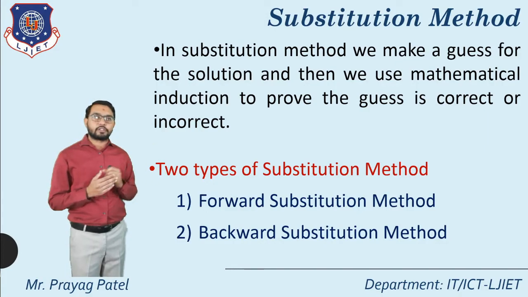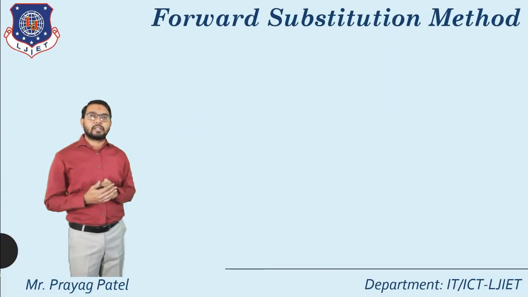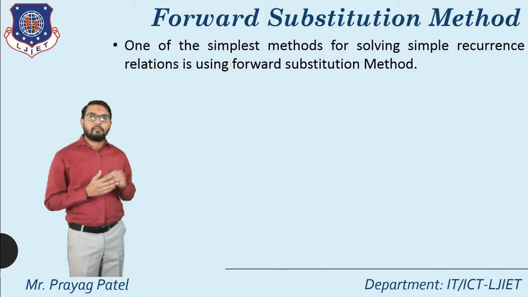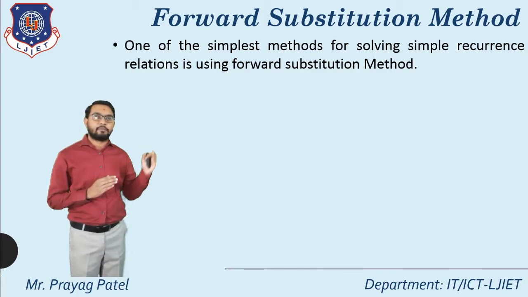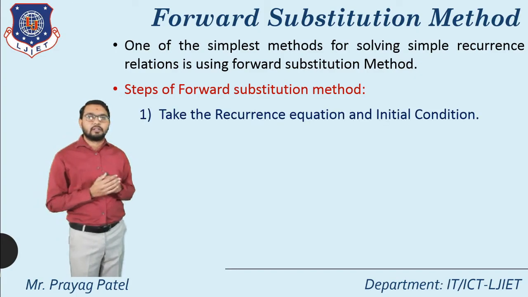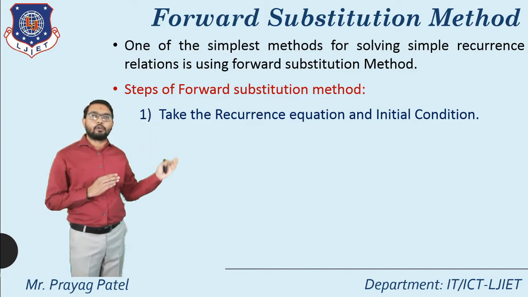For substitution we have two methods: the forward substitution method and the backward substitution method. Now consider the first, the forward substitution method. It is one of the simplest methods for solving a simple recurrence relation. Now the steps for the forward substitution method.